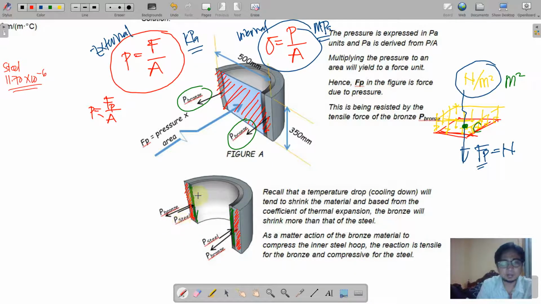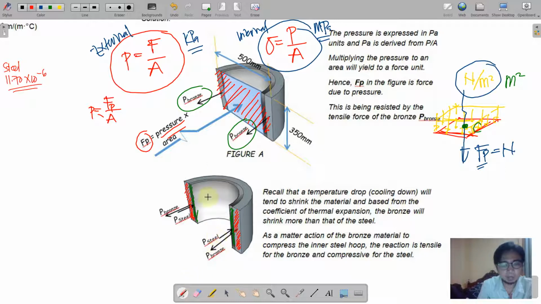Okay. So finally, going back to this, we are tasked to compute for this. Force due to pressure as well as the pressure. Okay, so what is the pressure developed between these two hoops? So that is the question.